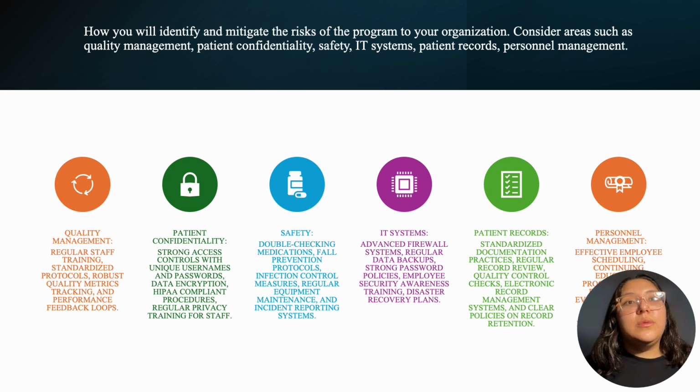Safety: double checking medication, fall prevention protocols, infection control measures, regular equipment maintenance, and incident reporting systems. When we are out in the field, it is also very important to ensure the safety of our employees as well as our patients. It is very easy for things to happen and to go out of control when we're out in the field.